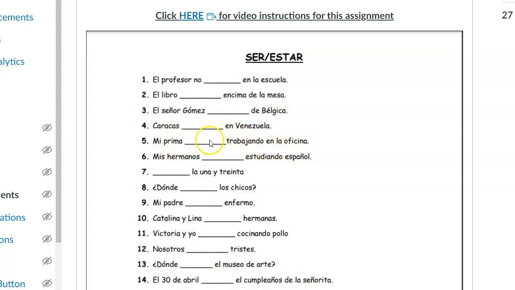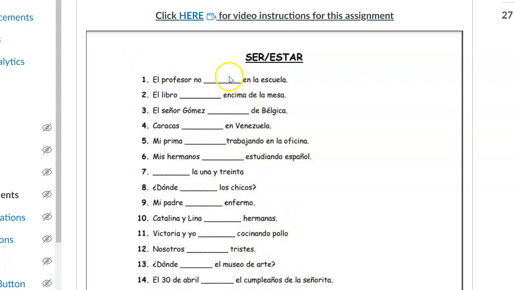Mi prima está trabajando. So the verb estar is going to be used in this case because these are verbs that are indicating actions that are in the act of taking place. Present progressive actions. And that's why the clue for both of these, 5, 6, and 11 actually, 5, 6, and 11 are all going to be action.